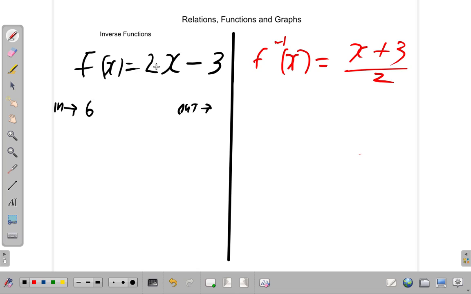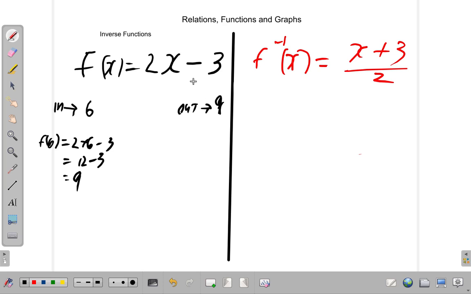When we put 6 into the function, we say let x equal 6. When x is 6, we find f of 6 is 2 times 6 minus 3. 2 times 6 is 12. 12 minus 3 is 9. So out comes 9.